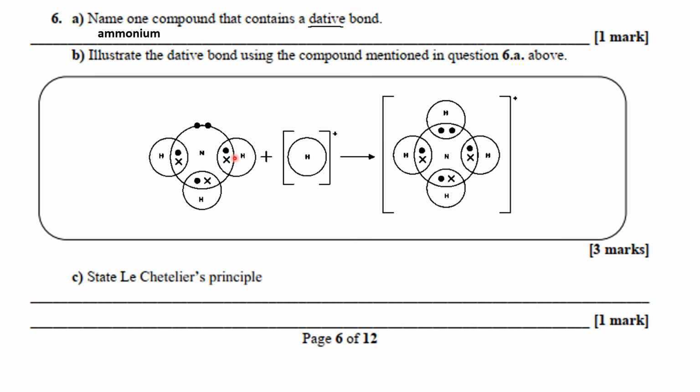Ammonia forming ammonium. Ammonia gains a proton, a hydrogen, from something else. It could be an acid-base reaction. Ammonia is a base. It will gain a hydrogen from an acid, and it's going to form this.